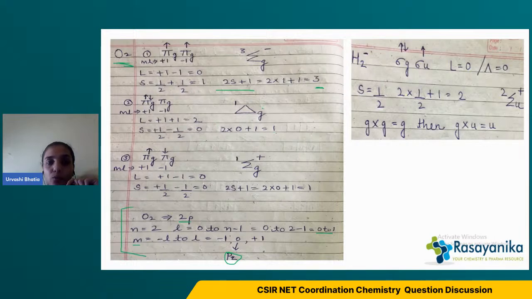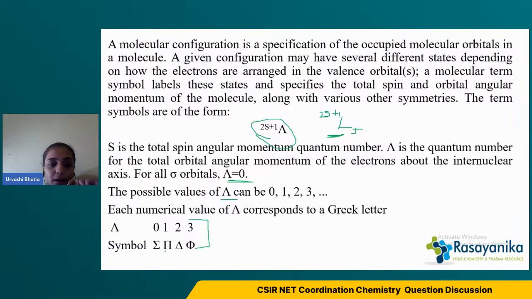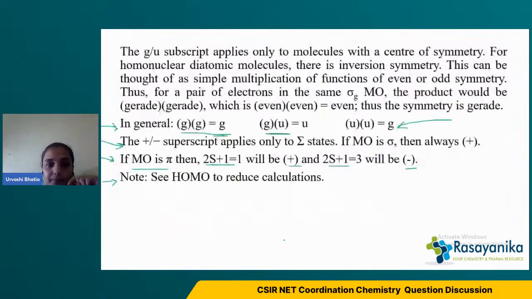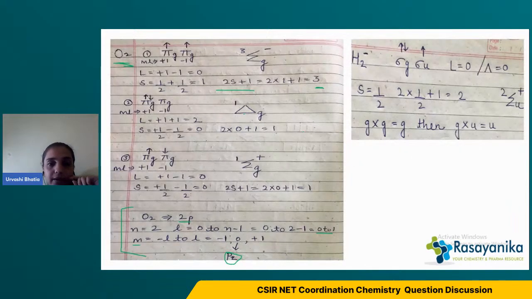Now L is 2, so sigma, pi, delta: it is delta. So delta, 1 is your spin multiplicity. G is again from this orbital where 2 electrons are present. G into G will be again G. No plus or minus because it is applicable only to sigma terms.